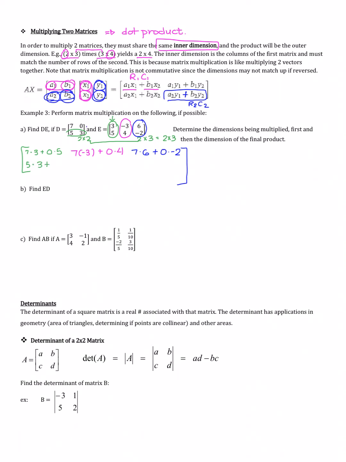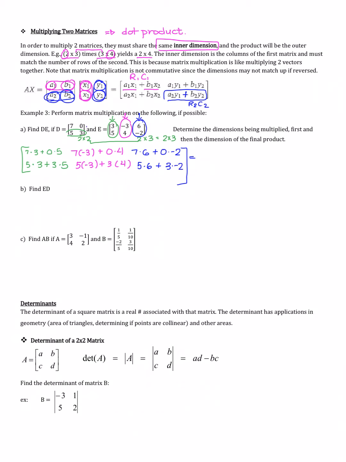This gets added to 3 times 5. And then we have row 2 with column 2. So that's going to be 5 times a negative 3 plus 3 times 4. And lastly, we have row 2 with column 3. So that's 5 times 6 plus 3 times a negative 2.